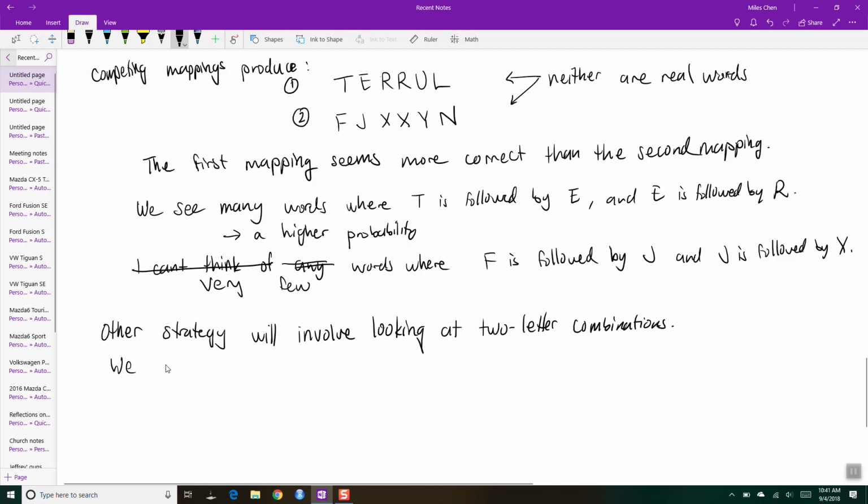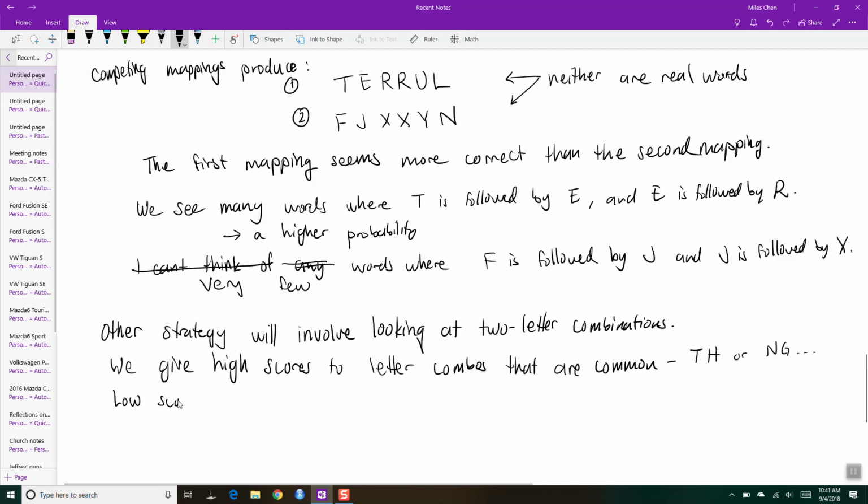So we give high scores to letter combos that are common, like TH or NG, etc. Common letter combinations, and then low scores to other letter combinations.